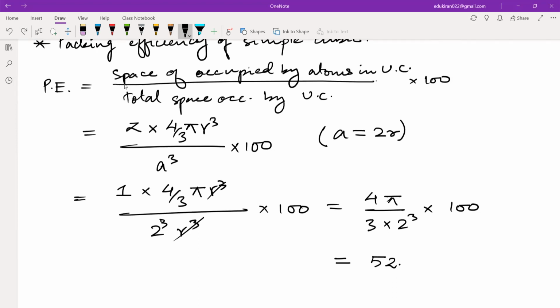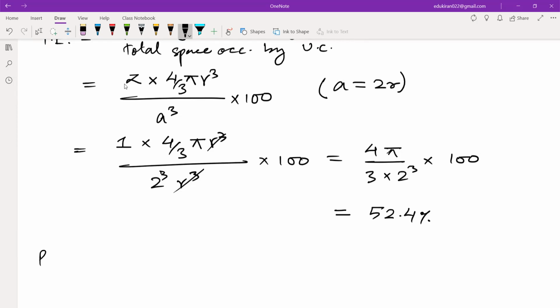It is actually 52.359. So this will be 36, and then you can write 52.4. Essentially, you will see that many books write 52.4 and not 52.3. So 52.4%. You can write packing fraction is equal to 0.52. By the way, packing fraction is also known as packing factor.